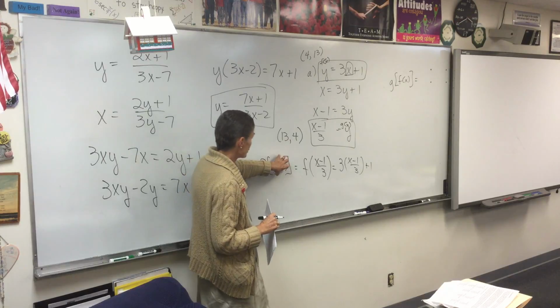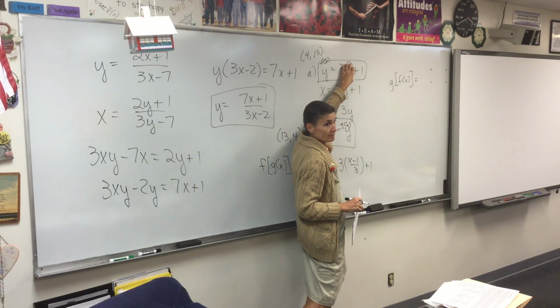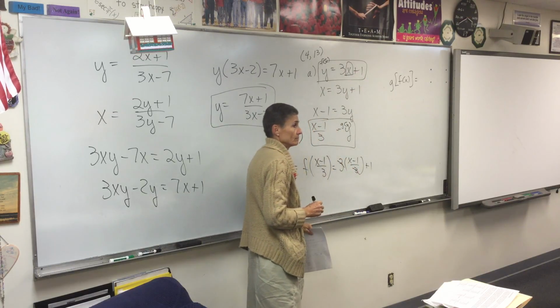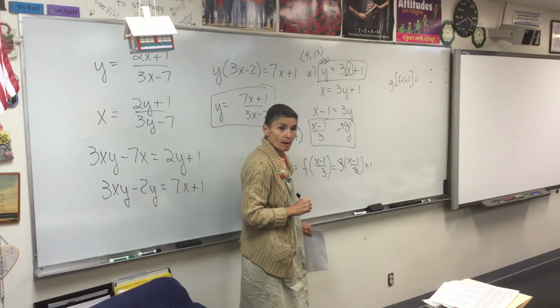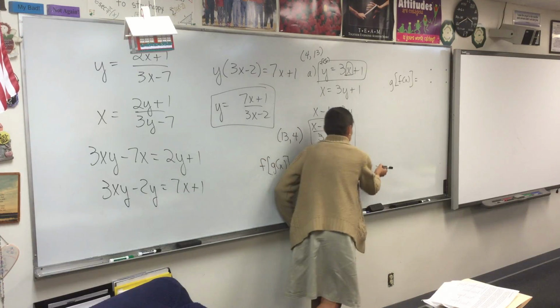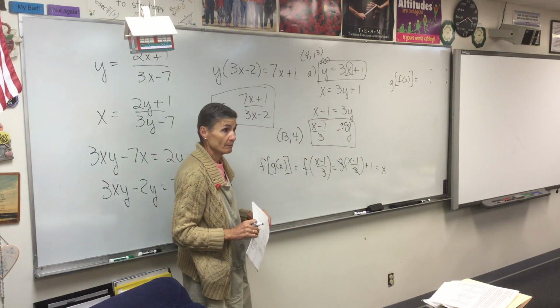I'm plugging the g function into my f function. Now, see these 3's? They cancel. What do we have left? x minus 1 plus 1, which is x. Which is what we needed to have happen.